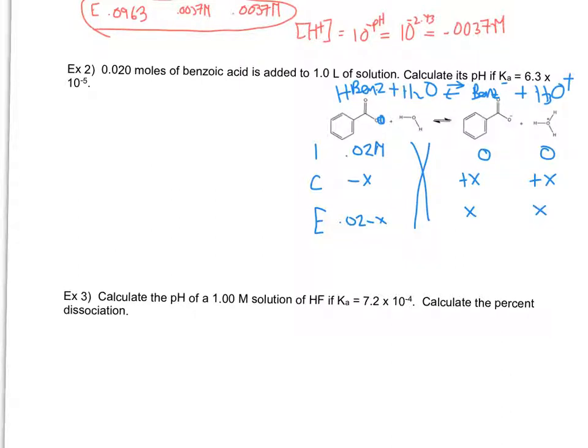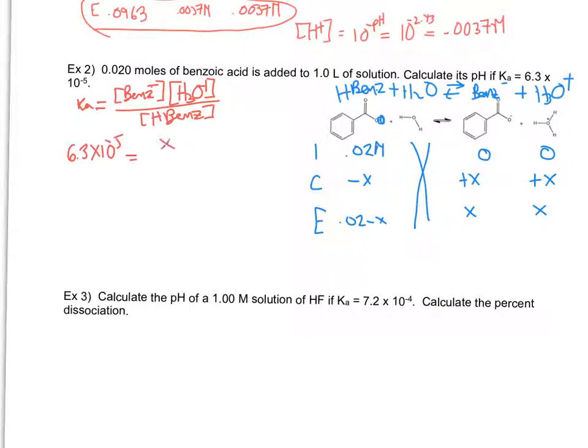And let's write out our Ka expression then. Our Ka expression is going to be the concentration of the benzoate ion times the concentration of the H plus or the H3O plus, whatever you want to call it, over the concentration of my benzoic acid. My Ka is given to me. It is 6.3 times 10 to the negative 5th.